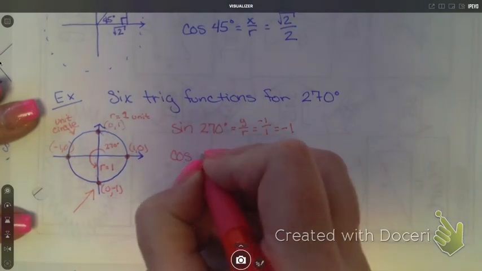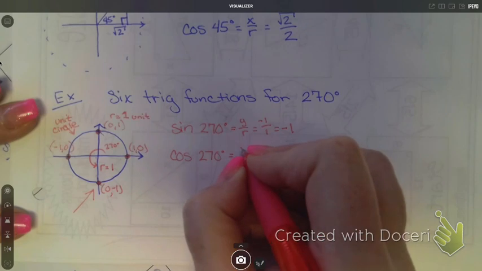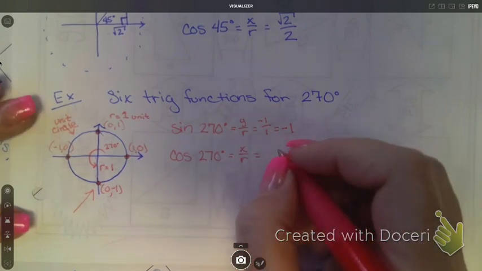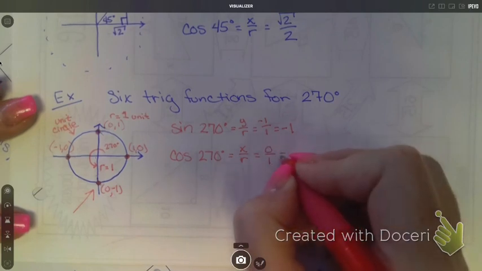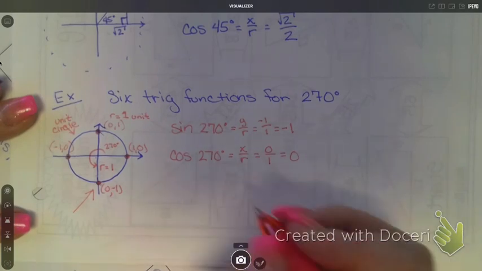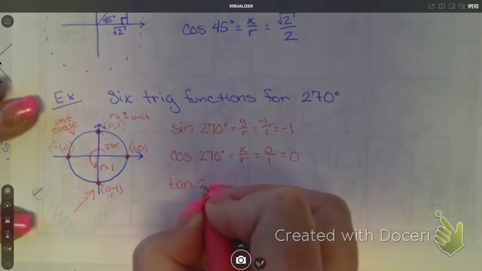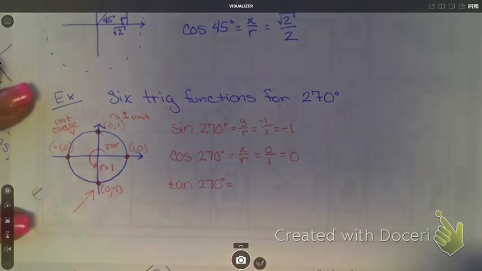Cosine of 270 is what over what? X over R. So it is 0 over 1, so it is 0. Are we going too fast? Okay. Tangent of 270 is what over what?